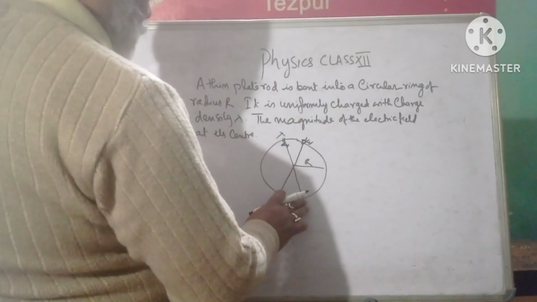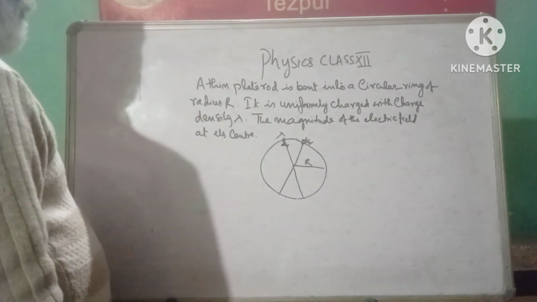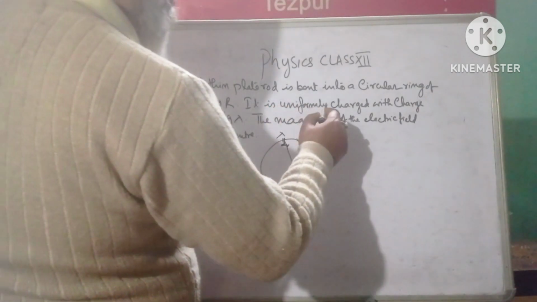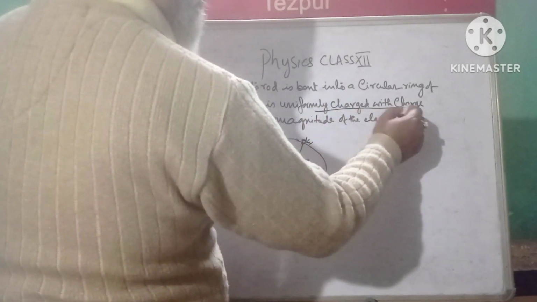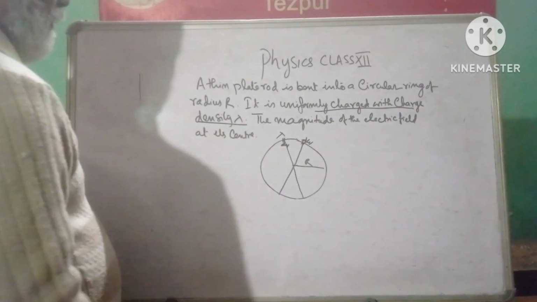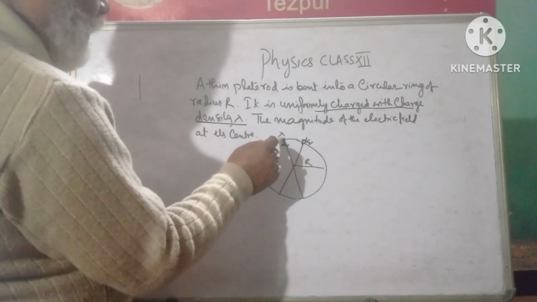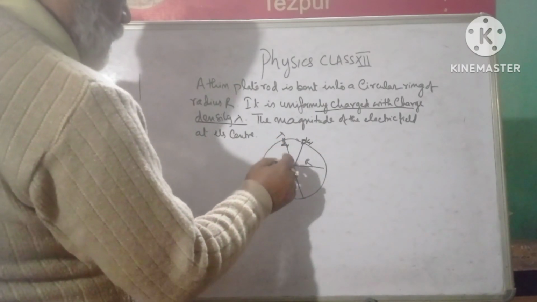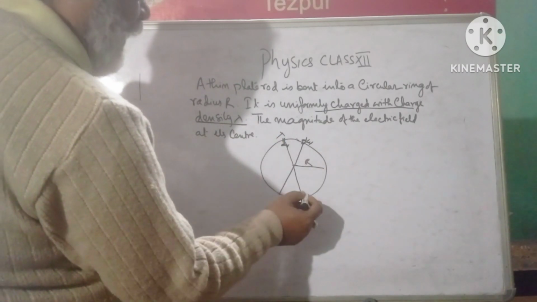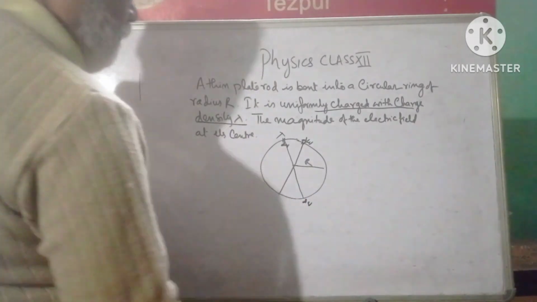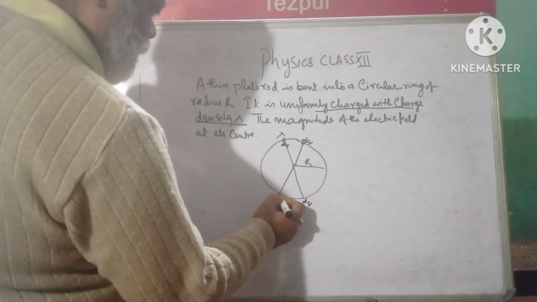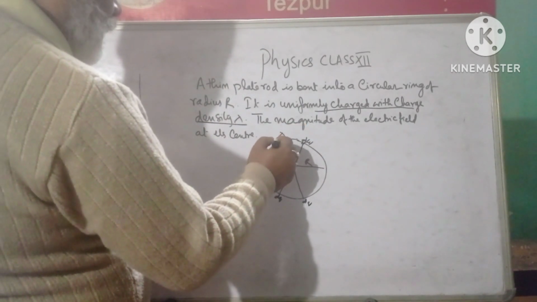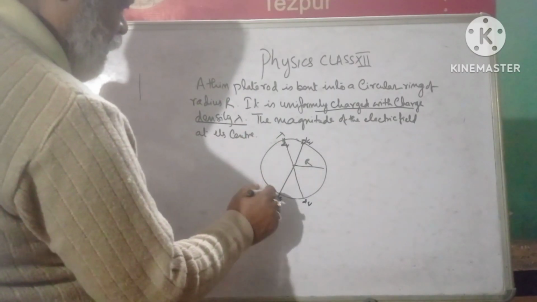Sorry, that means one minute. It is uniformly charged with charge density lambda. So for any small element dq, there will be an equal charge dq on the opposite side of this ring, because this whole ring is uniformly charged.